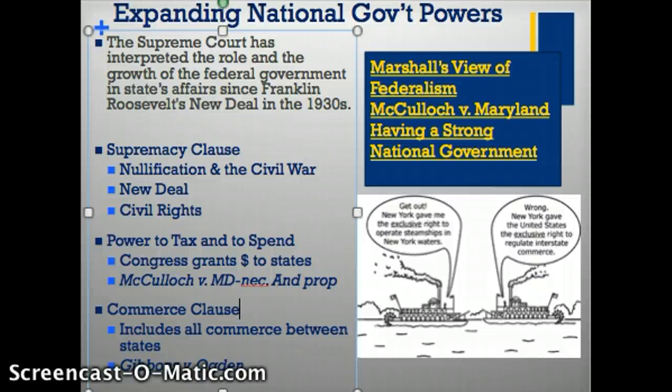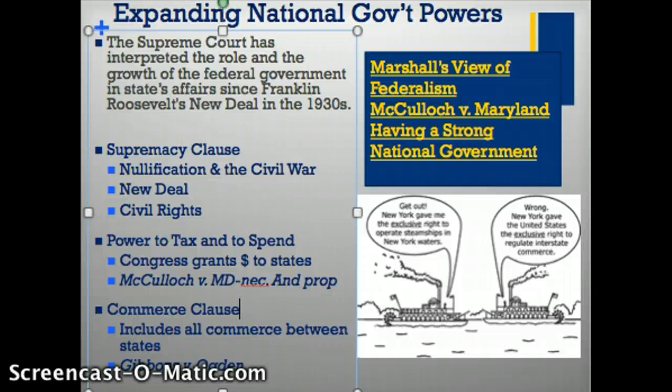The president of the national bank's name was McCulloch, like I said, and McCulloch sued Maryland because he didn't think it was right that the national government should have to pay a tax to the states. Making a bank was necessary to carry out its express powers. They had to put the bank somewhere. They chose the state of Maryland. That doesn't give Maryland the right to tax the federal government.